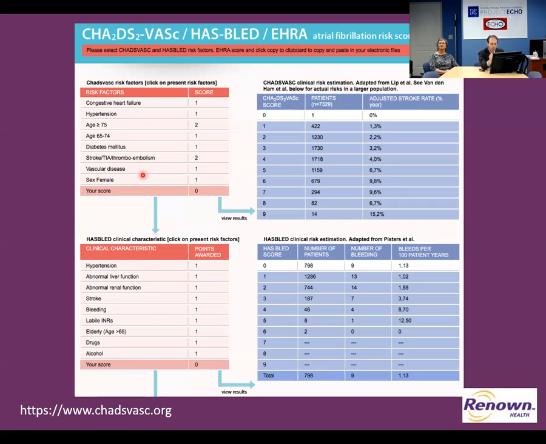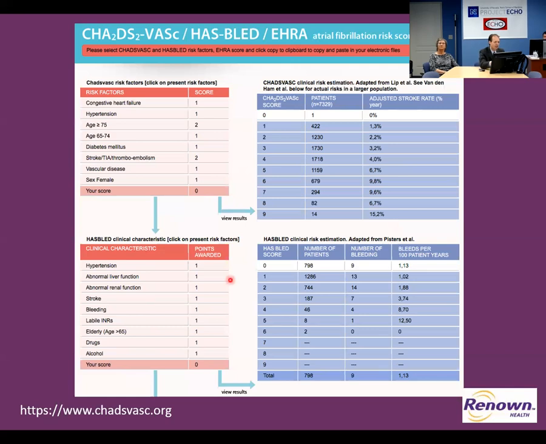So when you're counting your points, you're going to have about 1% increase in risk per point up to about 4. And then after that, you're going to have about a 1.5 or 2% jump. Generally say about 1.5 after that. And then strangely, the high end of the risk of the CHA2DS2-VASc is about 15, when we had CHADS-2 it is about 20.